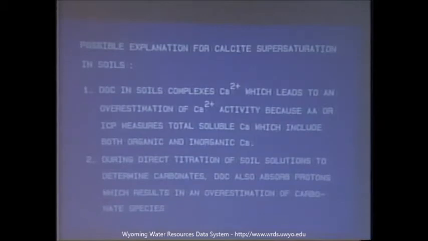Speciation models usually ignore these DOC complexes of calcium, so therefore you end up overestimating calcium activity. Then the second explanation is during the direct titration of soil solutions to determine the carbonates, DOC, dissolved organic compounds, will also absorb protons. So you end up with excess alkalinity. Therefore you get overestimation of carbonate activity too.